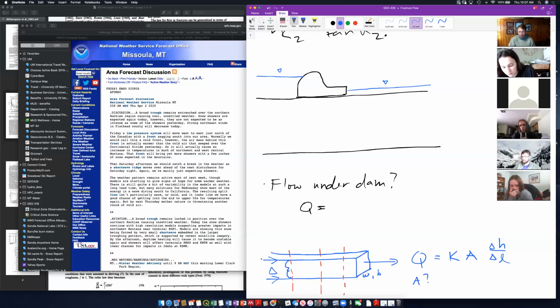This guy is psi 1, this guy is psi 2. These are my flow lines. So this distance is delta psi. Then whatever this value is here, W or B, I'm going to keep it W. So A is delta psi times W. It's just the face area of this face here. Does that make sense?